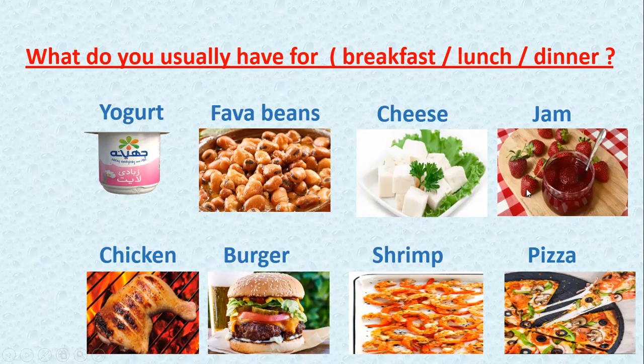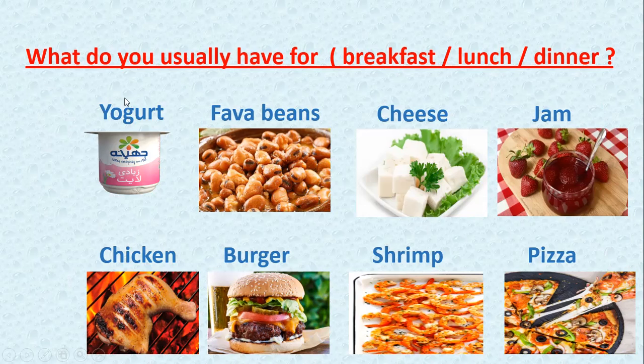For lunch, most people eat meat, like chicken, burger, or even shrimp or pizza. They sometimes have meat on the pizza. And for dinner, we have something light, like breakfast. So we can have all of these for breakfast or dinner at the same time. And this is for lunch.